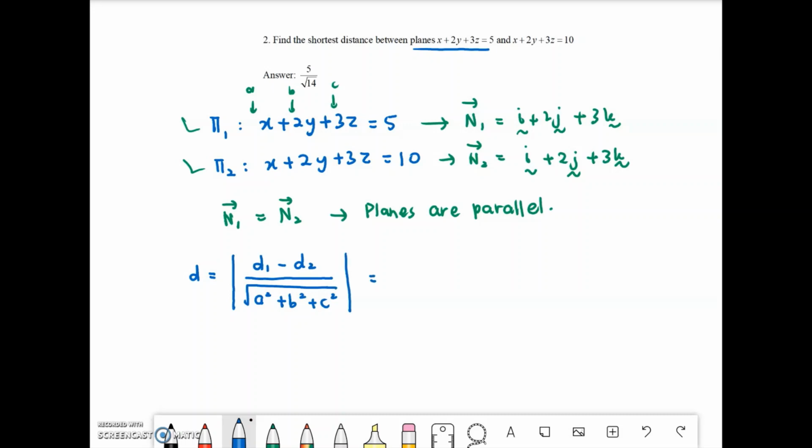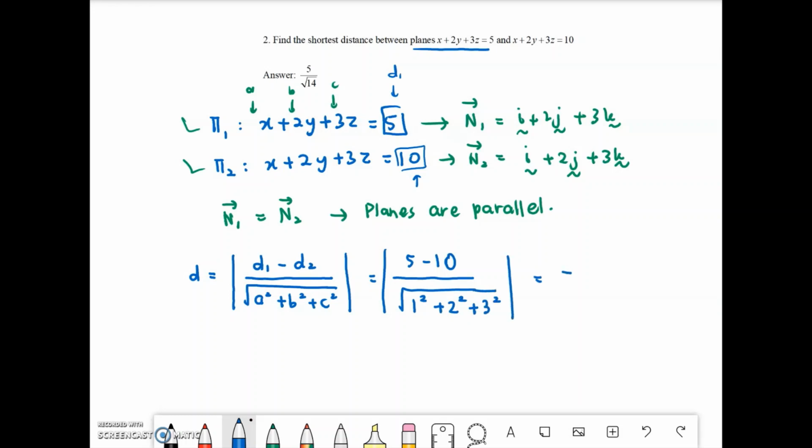So here, what we can do is just substitute the value of d1, where d1 is equal to 5. So this is our d1 and this is our d2. So 5 minus 10 divided by square root of 1 square plus 2 square plus 3 square.